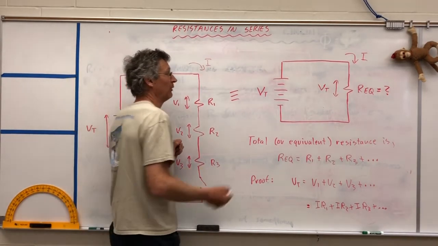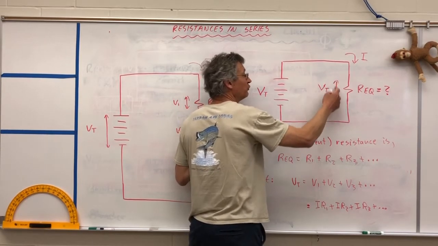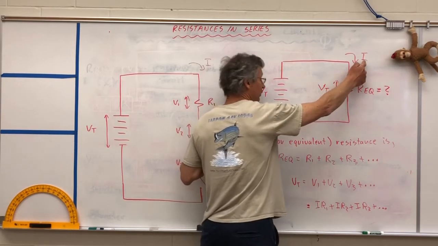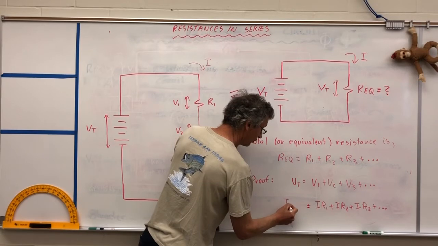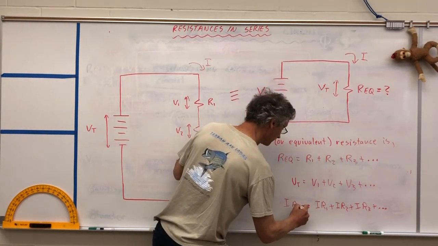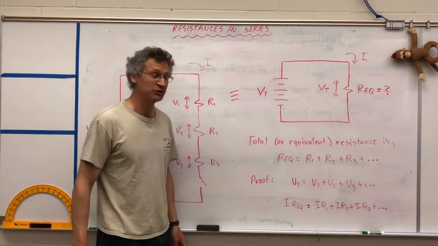So one more time, the voltage drop or the potential decrease through a resistor is equal to the current through the resistor. Vt is going to be equal to the current through the resistor times the resistance itself. And you can imagine what happens next.